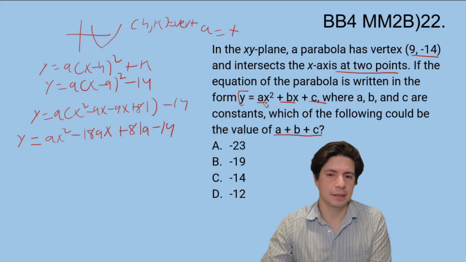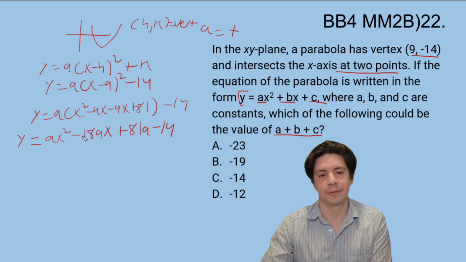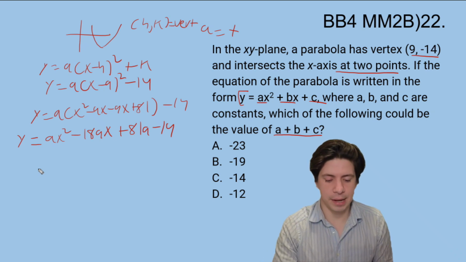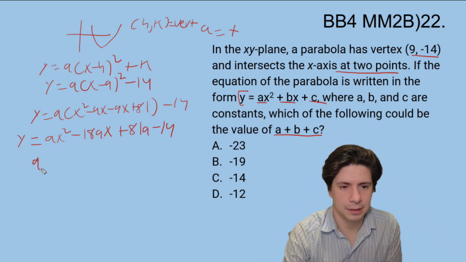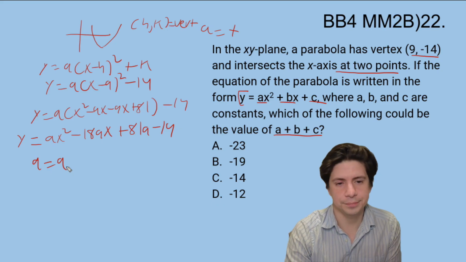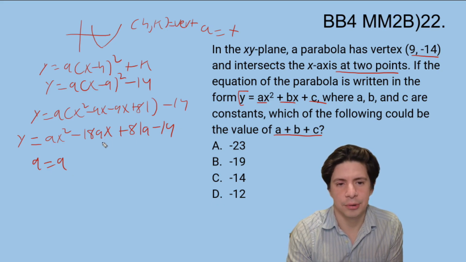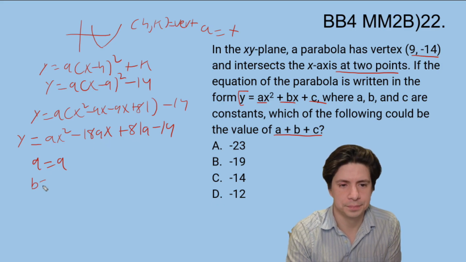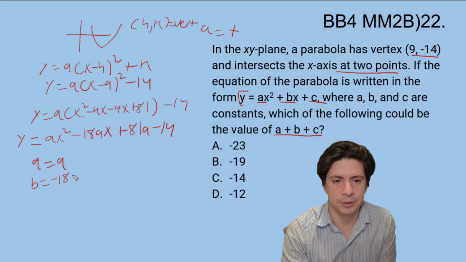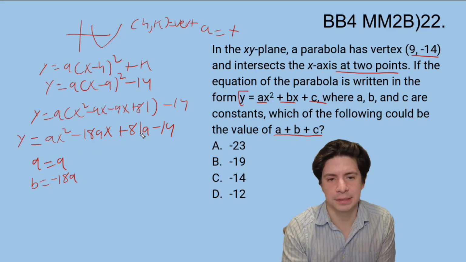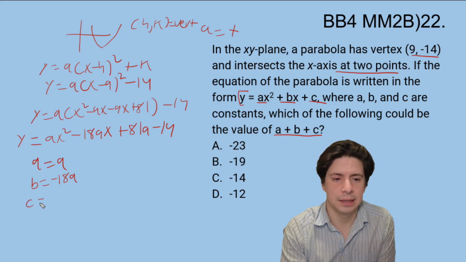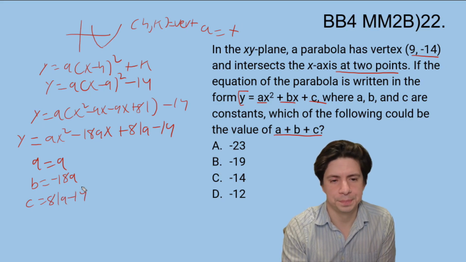So a is the part that gets multiplied by x squared. And for the x squareds here, we have a, so a equals a, nice and clean. And we know that's positive. Then b is going to be negative 18a, because it's the part that gets multiplied by the x. And then c is the leftover 81a minus 14.